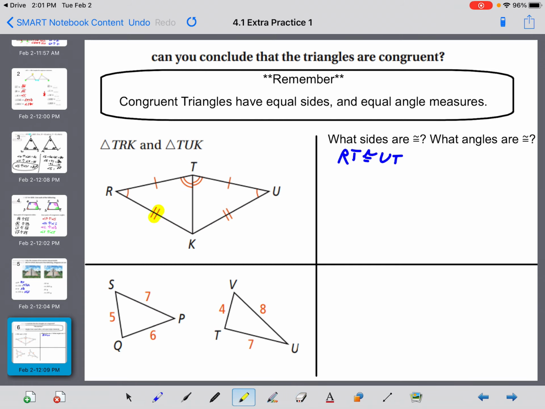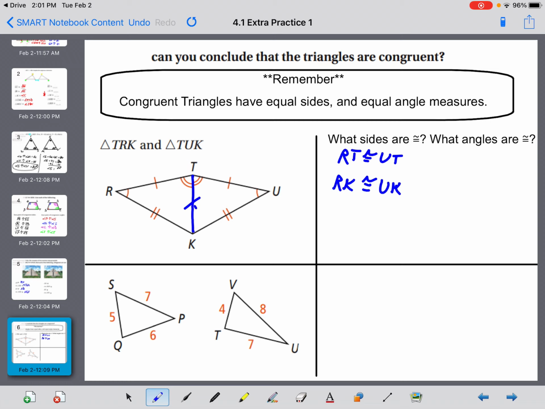What else do they got? They got RK is congruent to side UK, not angle UK.